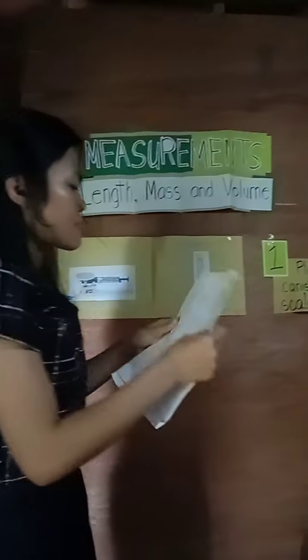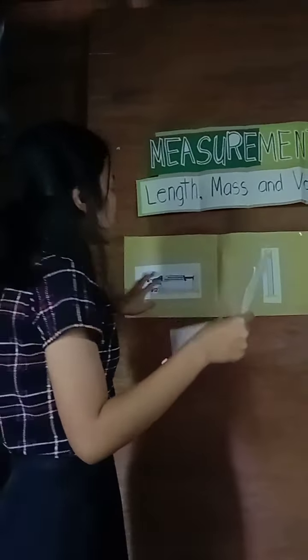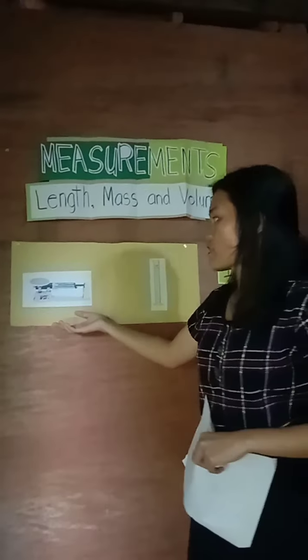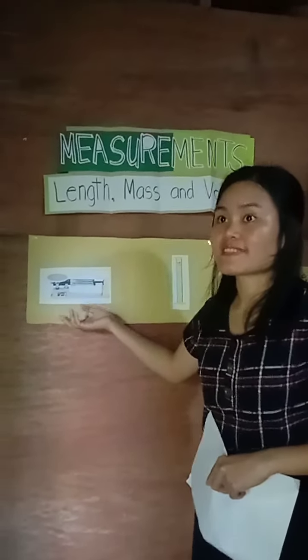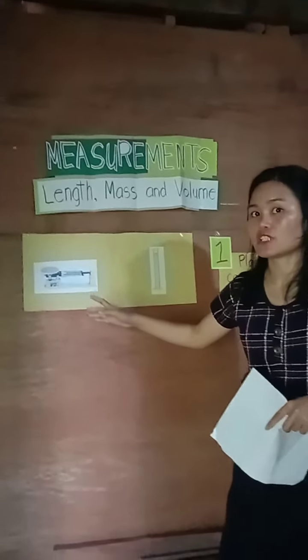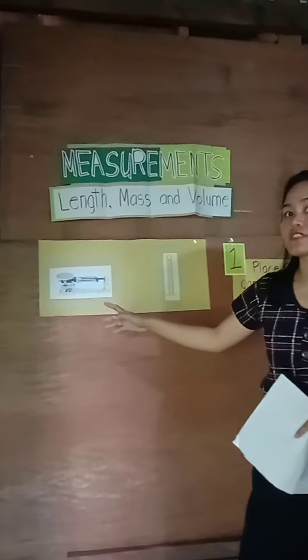This is the so-called triple beam balance. Can you see clearly? Great. This equipment is used to measure the mass of an object.